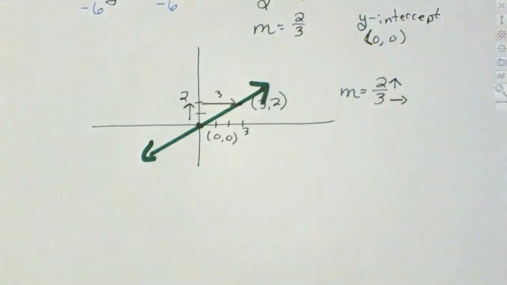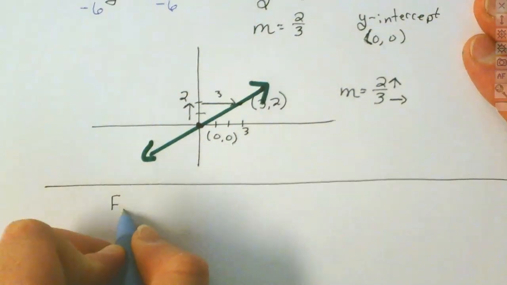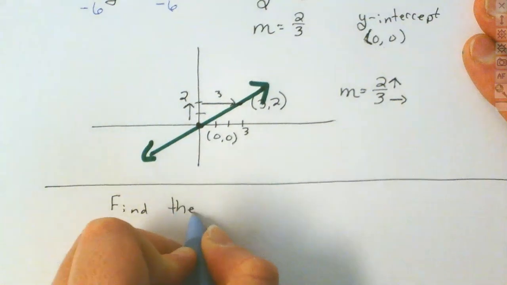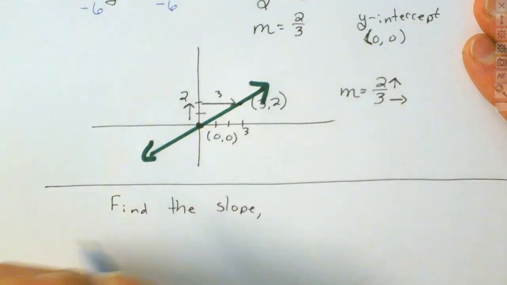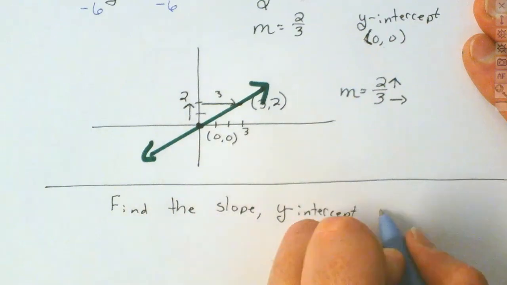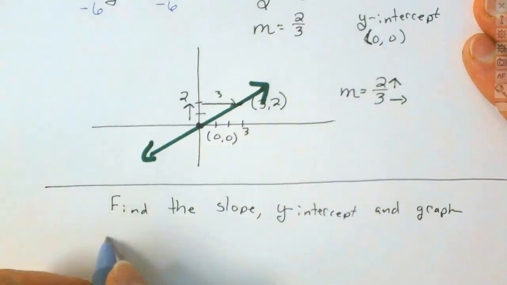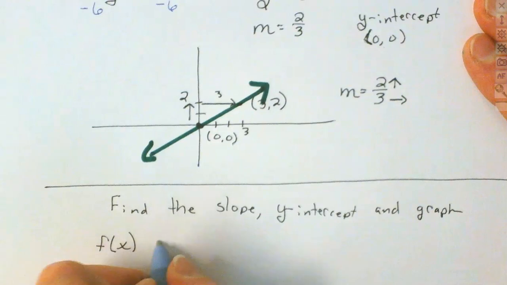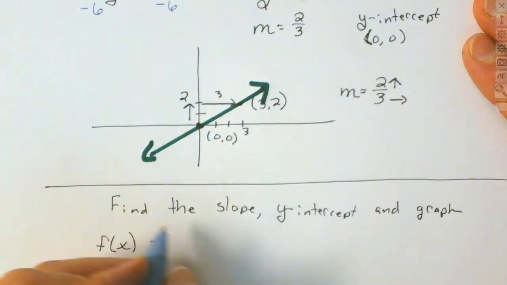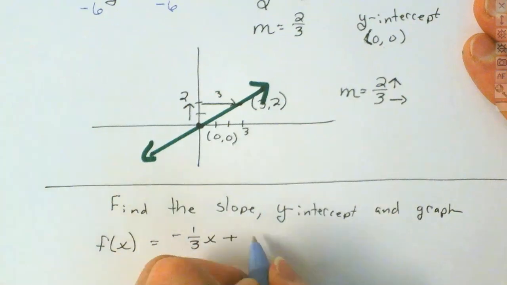Now, in some cases, you may have an f of x instead of a y. They're the same thing. So again, we're going to find the slope, y-intercept, and we're going to graph. And we're going to use f of x equals minus, how about 1/3 x plus 2.